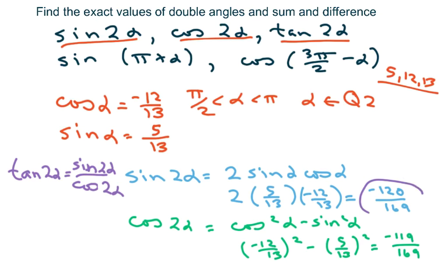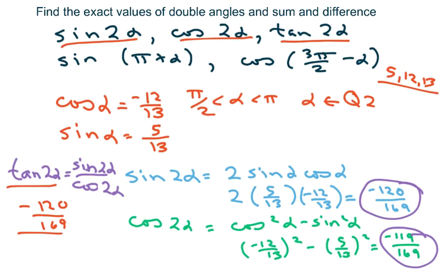So I'm just going to divide this exact value by this exact value. So this is going to equal negative 120 over 169 divided by negative 119 over 169. Okay, these cancel. 2 negatives make a positive, so my answer is going to be 120 over 119.